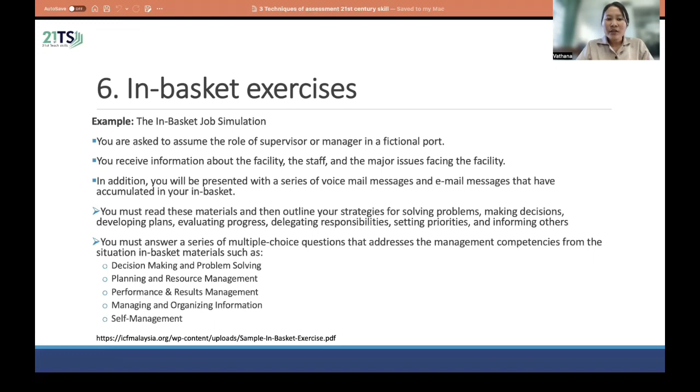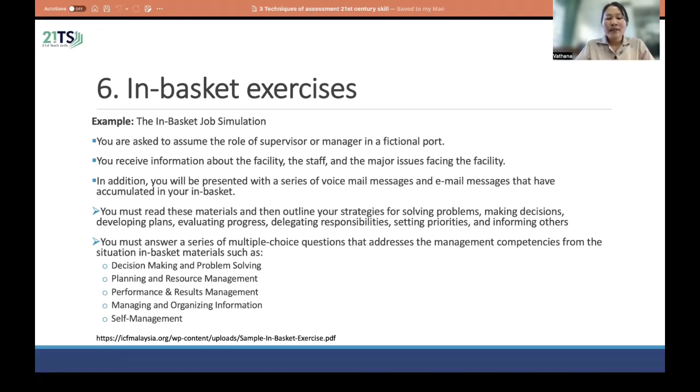In addition, you will be presented with a series of voice messages and email messages that have accumulated in your basket. You must read this material and then outline your strategy for solving a problem, making decisions, developing plans, emergency programs, delegating responsibility, setting priorities, and other tasks.